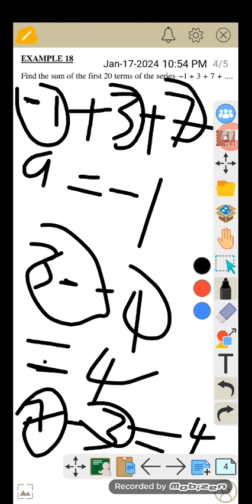So I can use the formula for an arithmetic sequence, the formula we just spoke about, because it is the formula for the arithmetic series.